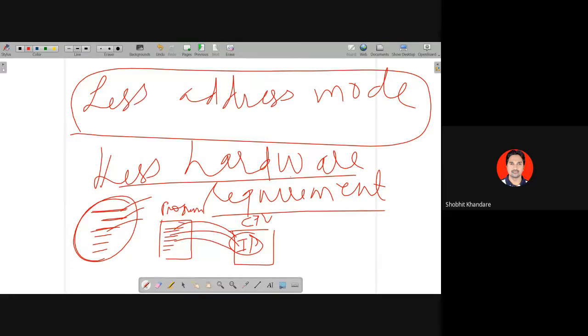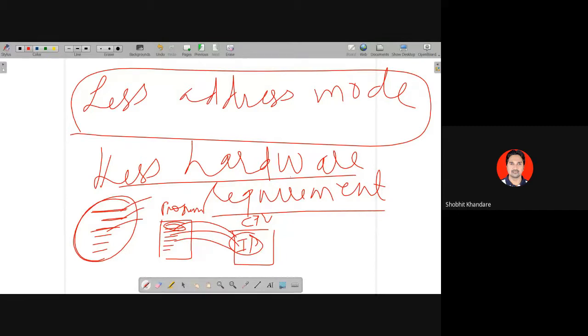Now these programs are simple, and simple programs will have simple binary code. And to decode that binary code, you require less processing time.